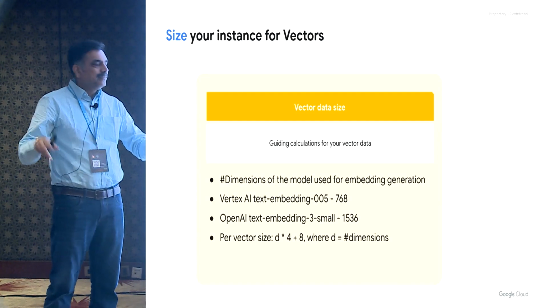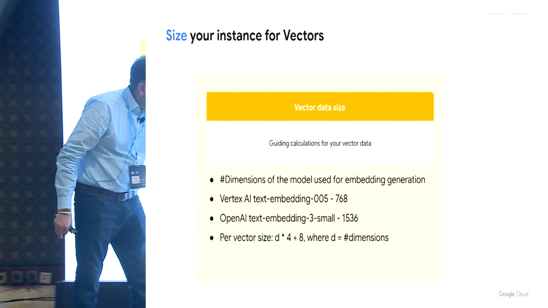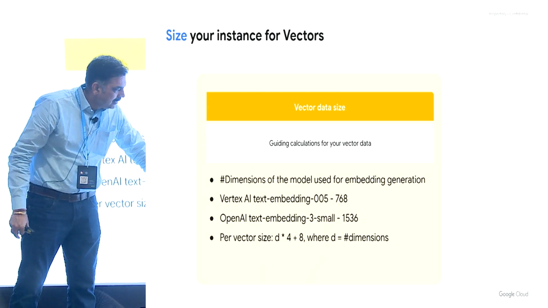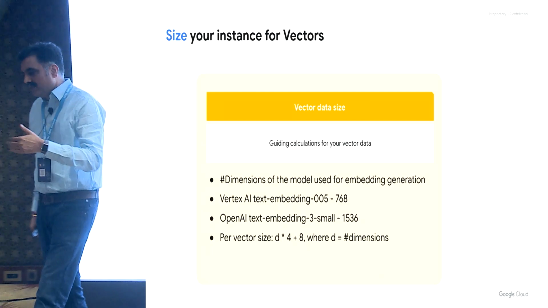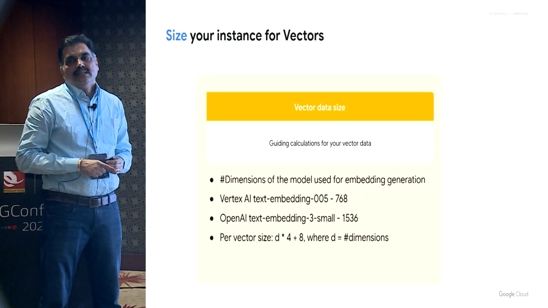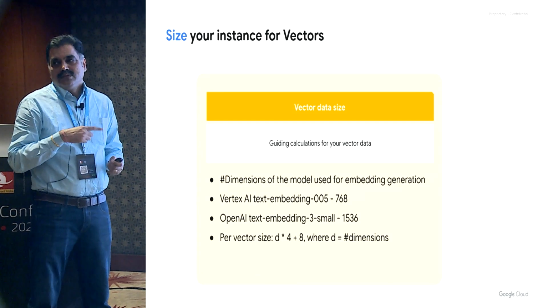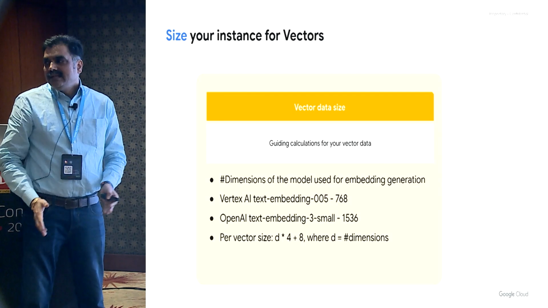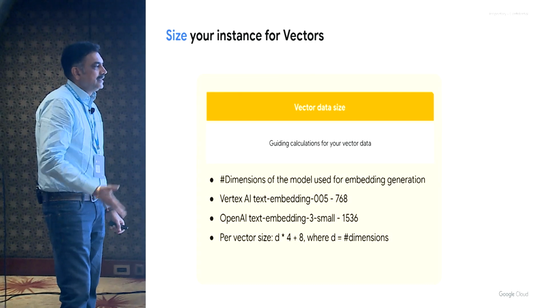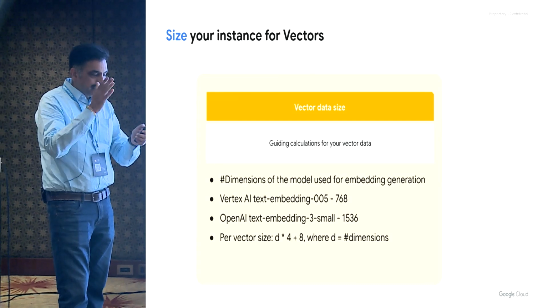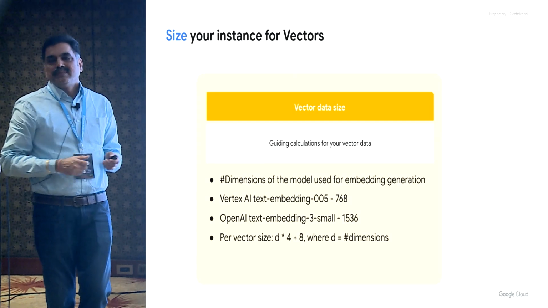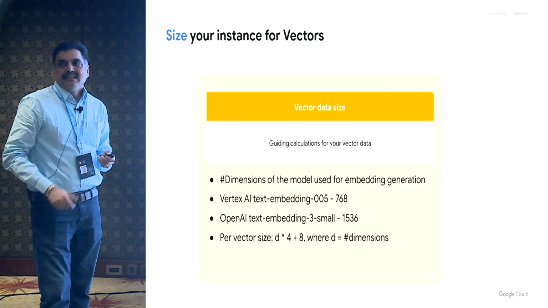A rough formula for that is dimension D, like 768, into 4 plus 8, where 8 is your pgvector overhead. Whatever model you use to generate the embeddings, your vector data size will change based on that, and on top of that, your index size is also there. So this is just the data size: dimension into 4 plus 8 is your vector column size. Obviously, other columns will have their own sizes, but this is the standard for the vector, because otherwise you may go wrong on how much database size you require.